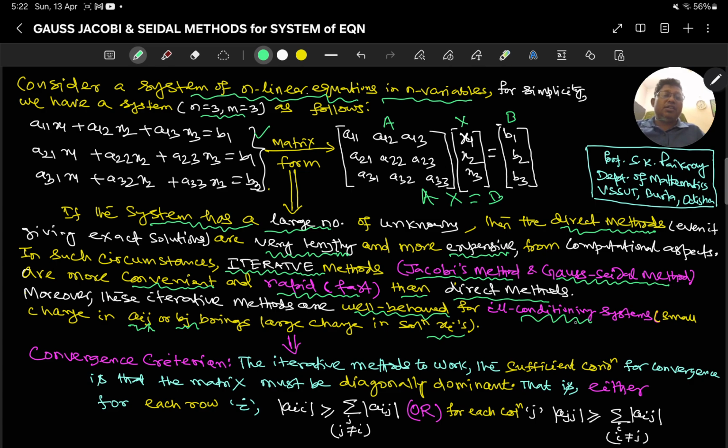So for ill-conditioned systems, these iterative schemes are well behaved, and so these iterative schemes are preferred over the direct methods. But since these are iterative schemes, they need a convergence criterion. We have the convergence criterion for these iterative methods.